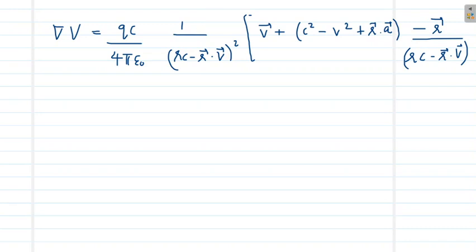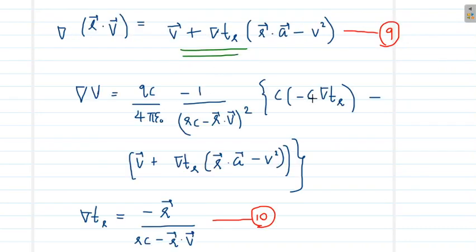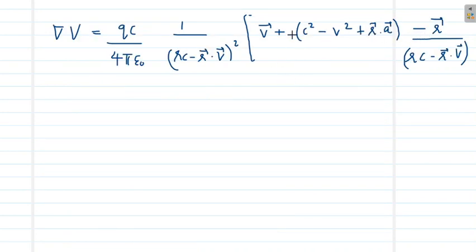So you can take the negative sign into this expression. So it will be plus c square into del tr, and we have 3 negative signs for minus v square, so it will be minus v square into del tr, and we have 2 negative signs for r bar dot a bar, so it will be plus r bar dot a bar into del tr. So this is the expression for del v.